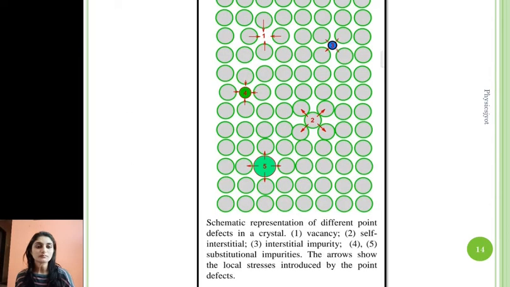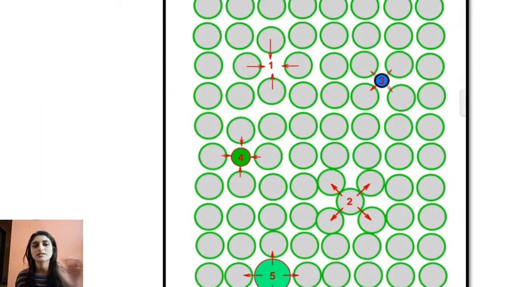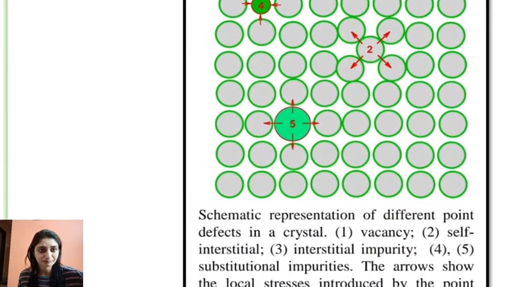Okay, so look at this figure carefully and then you will understand. So first, number 1 is written, see this number 1, there is no atom in between, so that is a vacancy. Look at number 2, there is an atom but the same atom ही है, जो periodic arrangement of atoms है वही atom वहाँ पे extra आ गया है, so that is a self-interstitial.